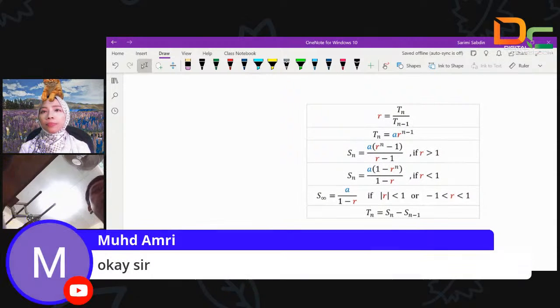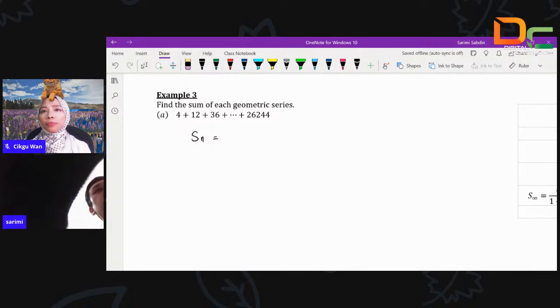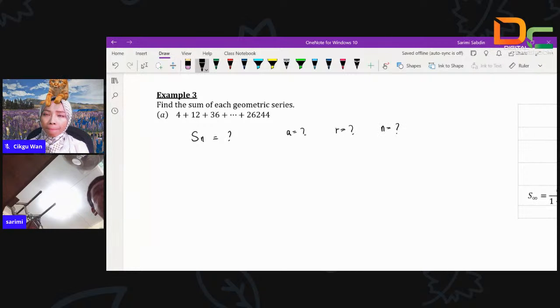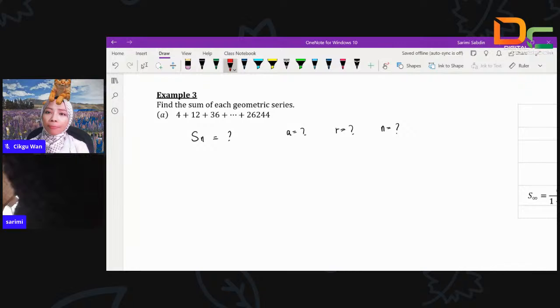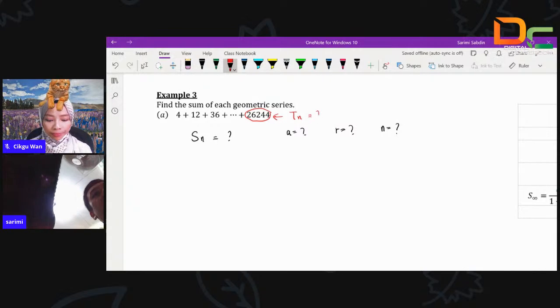To decide which formula to use, we have to look at the value of r. To use these formulas, we need to know A, we need to know R, and in this question we need to know N, meaning up to which term we are adding. So we need to know what term 26244 is. Which N is it?